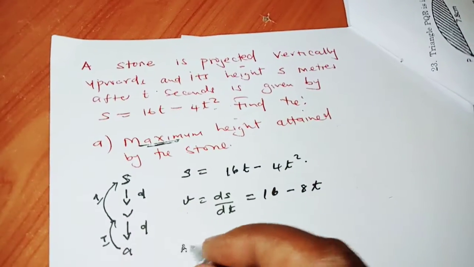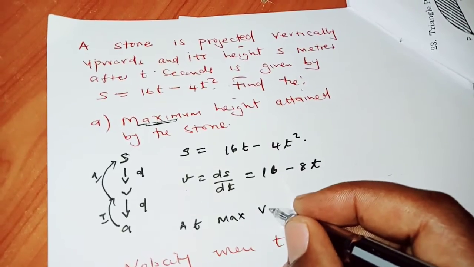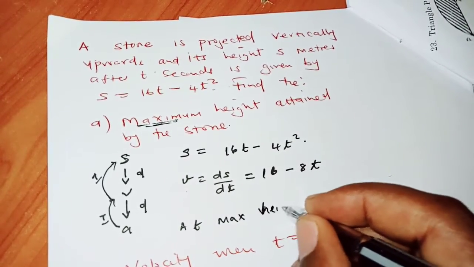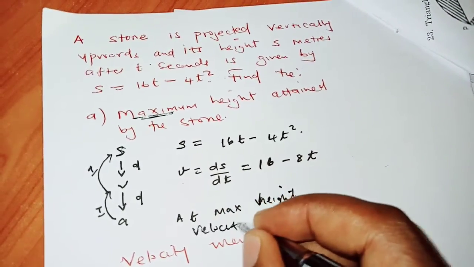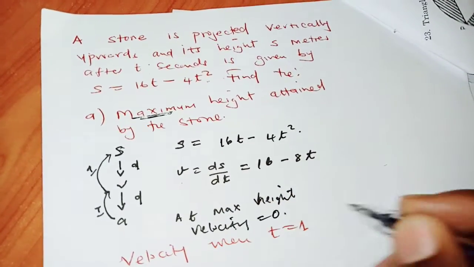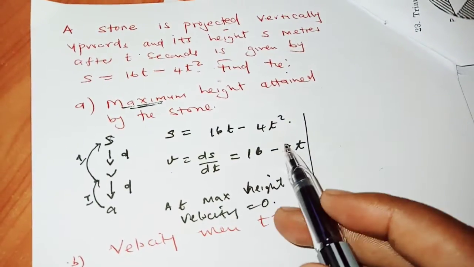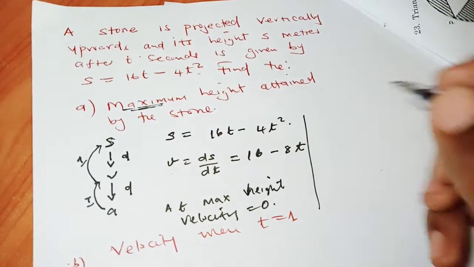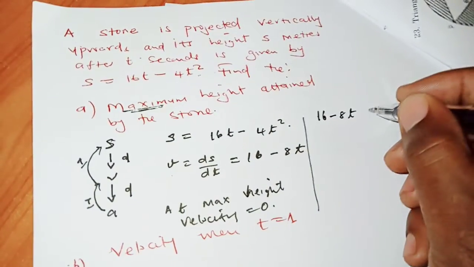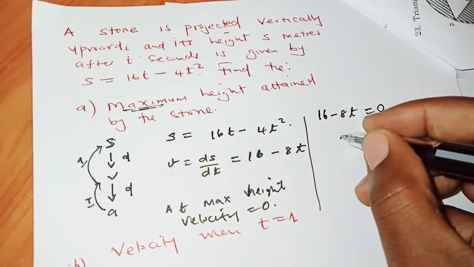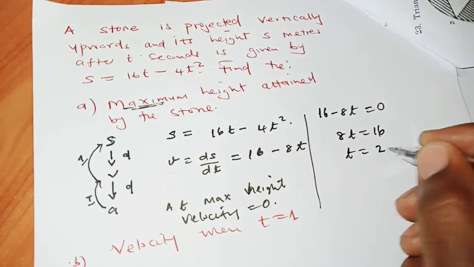So at maximum height, velocity is 0. So we set velocity equal to 0 and determine the value of t. So 16 minus 8t equals 0, so 8t equals 16 and t equals 2 seconds.